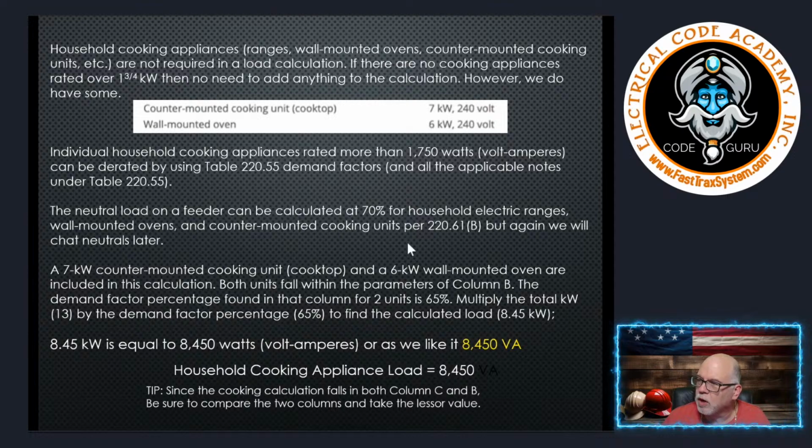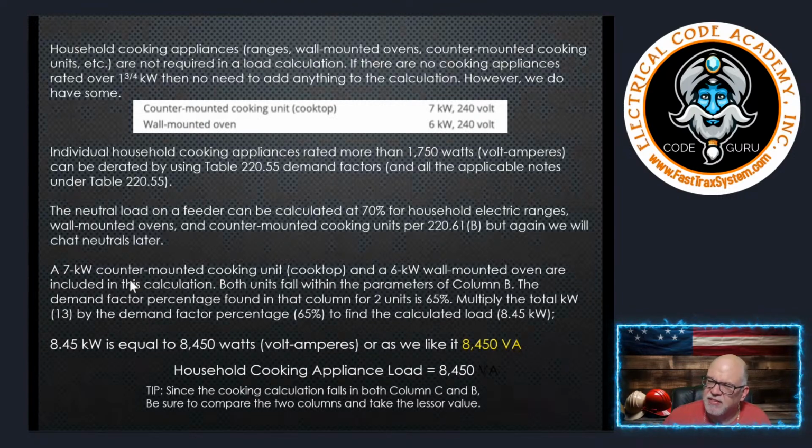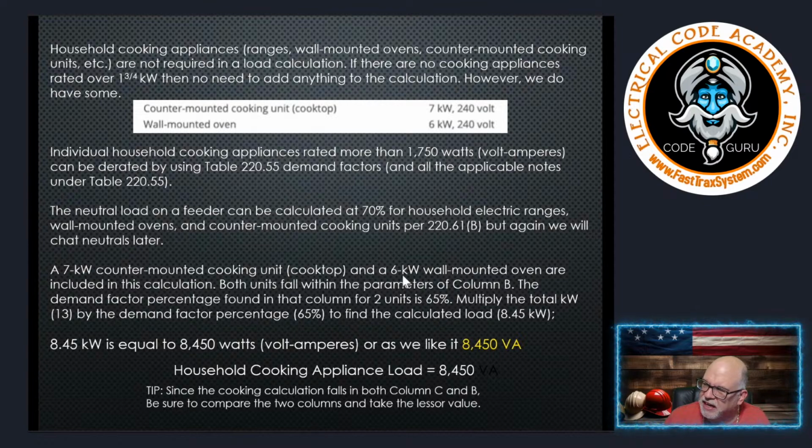All right, so we're looking right here, and we're going to look at that table in a second. We've got a 7 kW counter-mounted cooking unit, which is the cooktop, and we have a 6 kW wall-mounted oven. Kind of weird to have the cooktop greater than the oven, but it is what it is in our question.